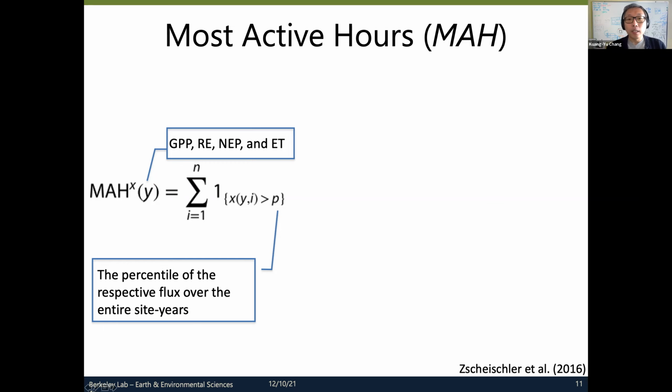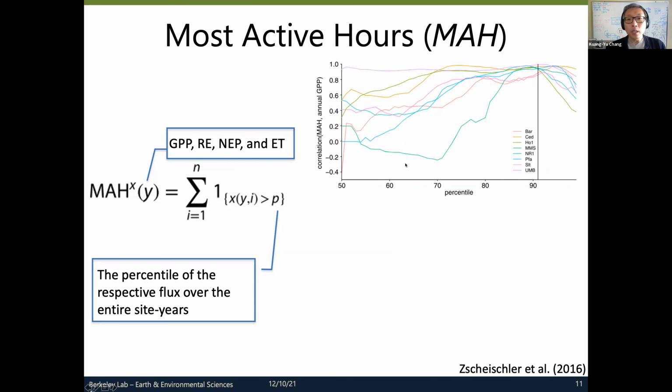Here's an example using GPP, which shows that correlations between active hour and annual GPP generally increase when active hour is defined by higher GPP percentiles, up to a maximum around the 85th to 95th percentile, before the correlation goes down again.